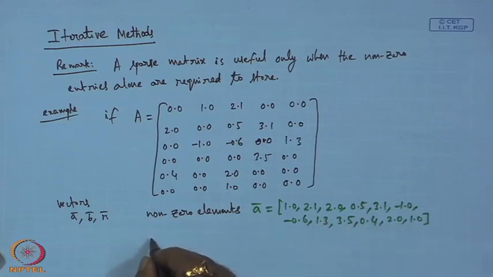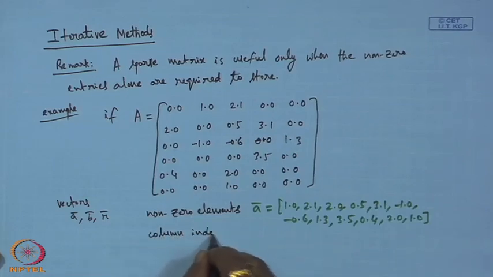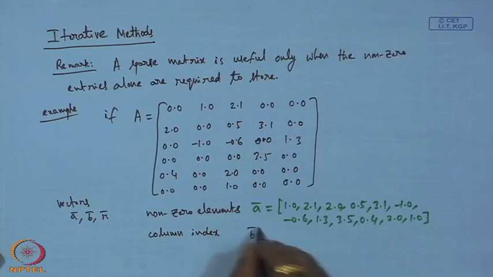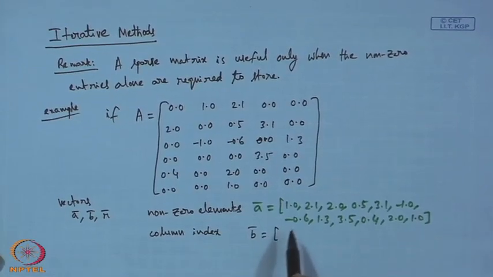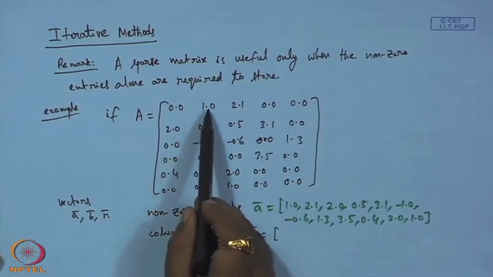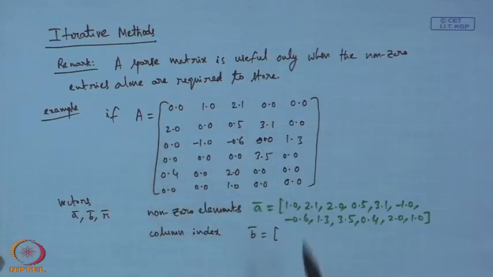Then the column index. What is the column index? See, in which column does each non-zero entry appear? This appears in the second column, this in the third column, this in the first column.